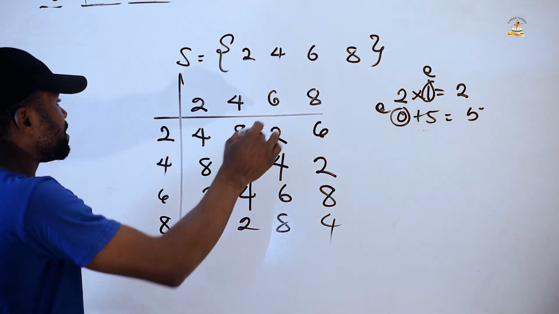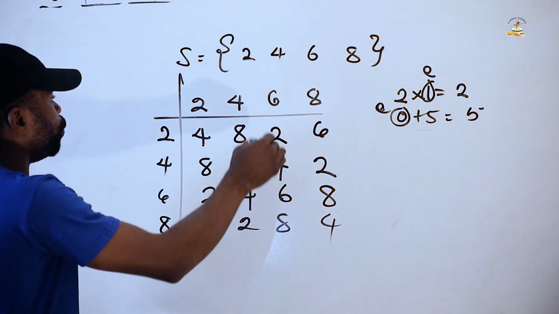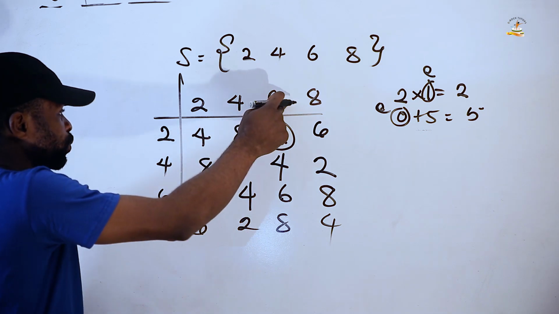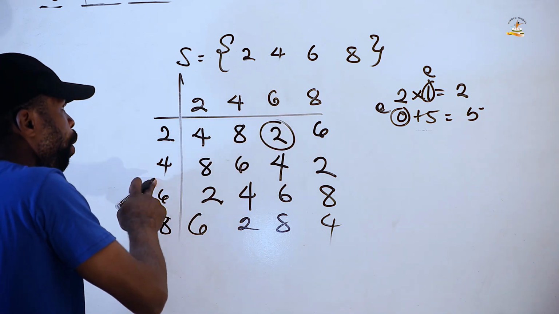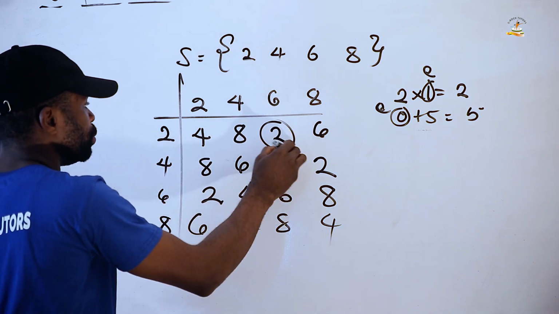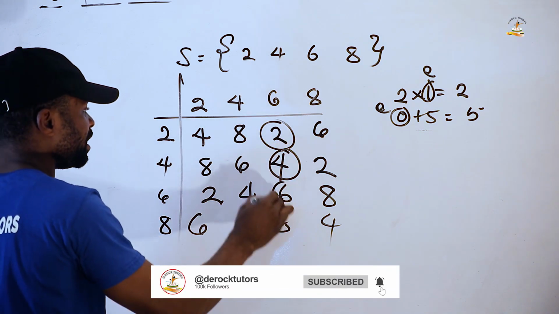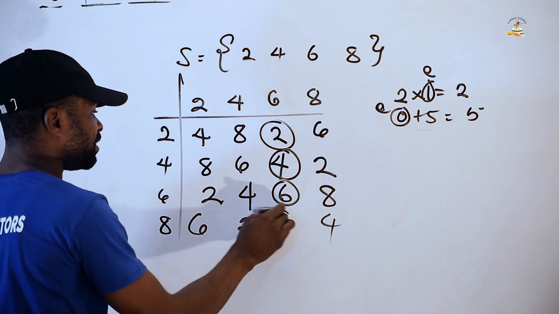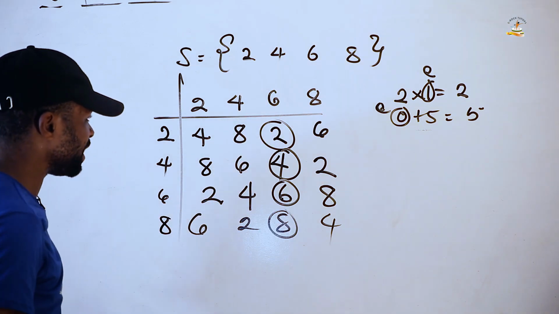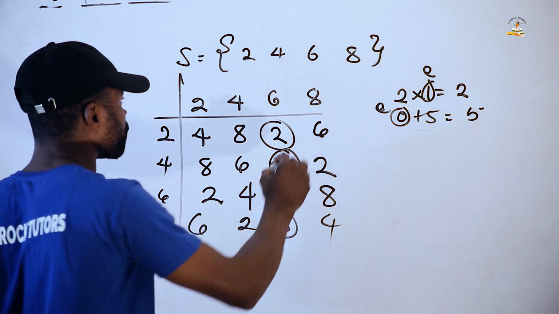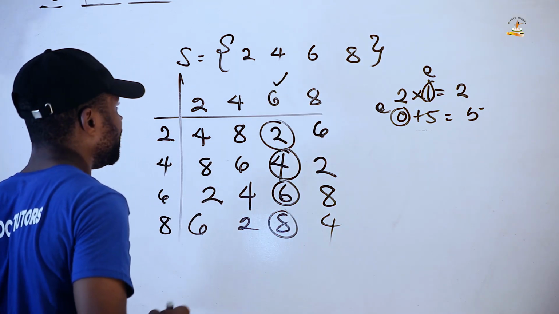If you operate 6 with 2, you are still going to get 2, meaning that 6 does not change it. If you operate 4 and 6, you get 4. 6 doesn't change it. If you operate 6 and 6, it doesn't change. 8 and 6, it doesn't change. So you can say that the identity element of this operation is 6, and hence it exists.